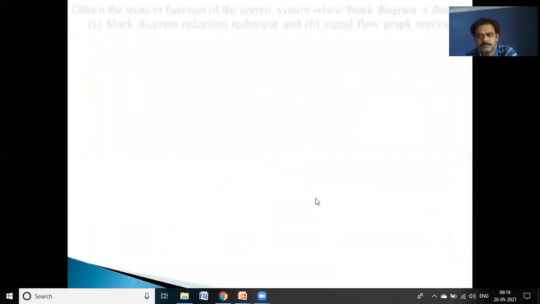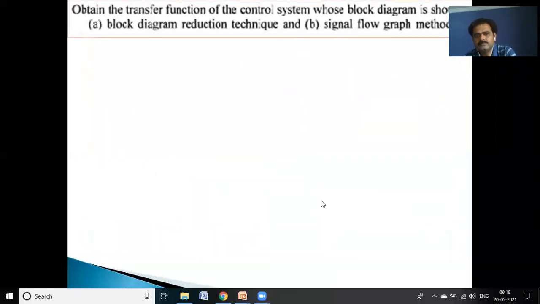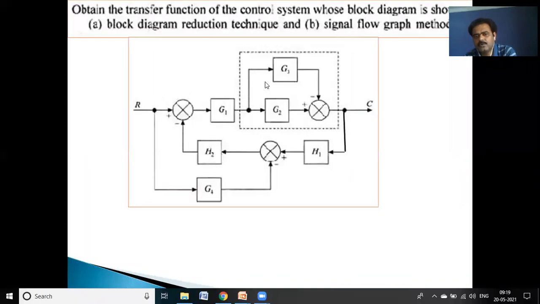Okay. Next, try to solve this example. Obtain the transfer function of the control system whose block diagram is shown in the figure. If we use both techniques, block diagram reduction and signal flow graph, we have to get the same model. This problem we have already obtained using the block diagram technique.